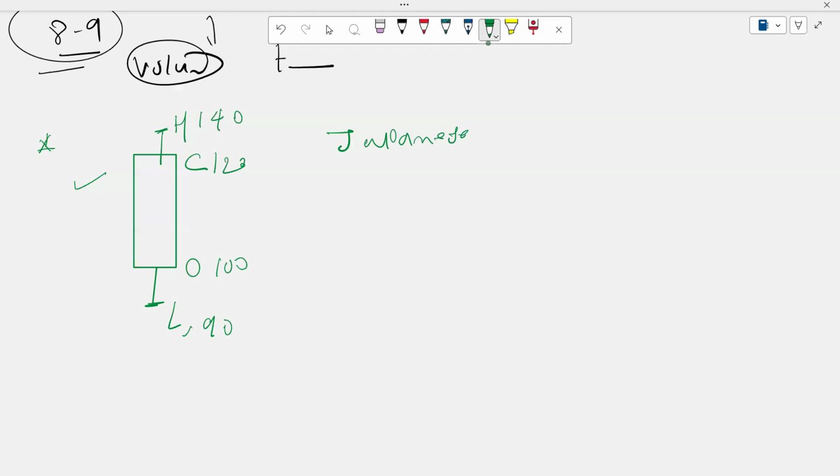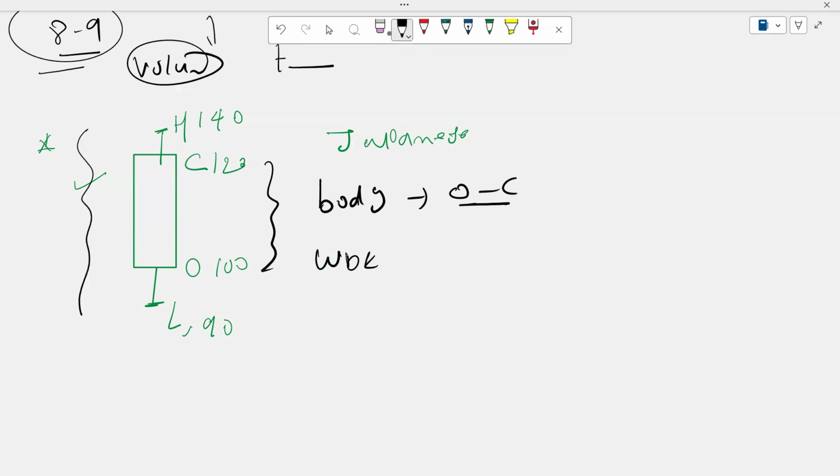In this body, body means the body of the candle. Body means the difference between close and open, or if it is a red candle, the difference between open and close, vice versa. And wick means this range, the difference between high and low.